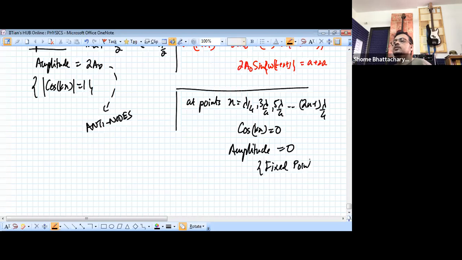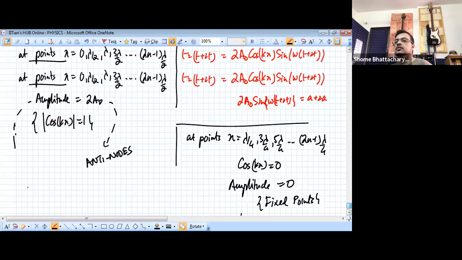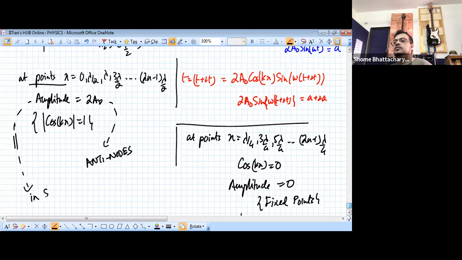They are not having any oscillations. So they are called nodes. Whereas these points are in SHM with maximum amplitude of 2a and angular frequency.